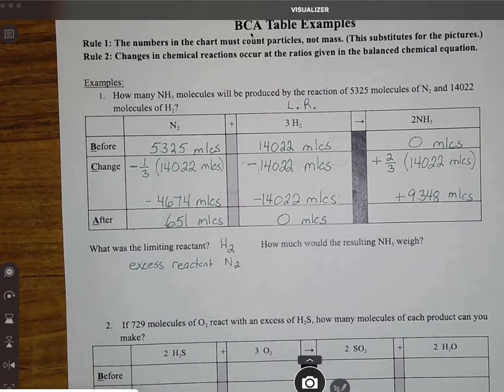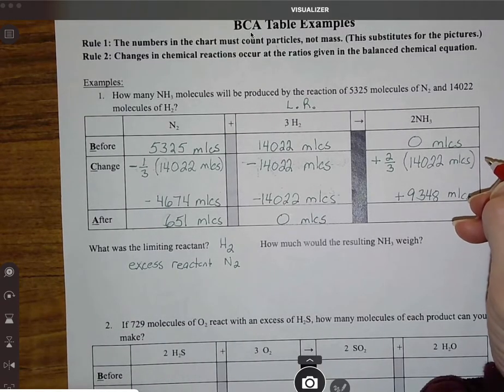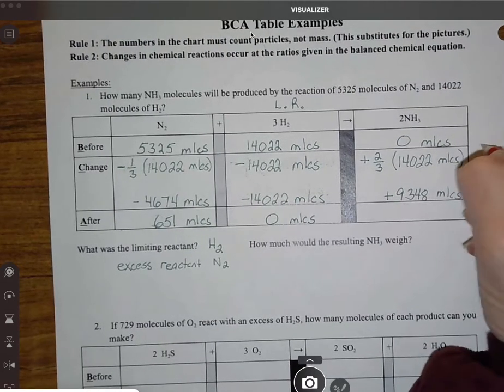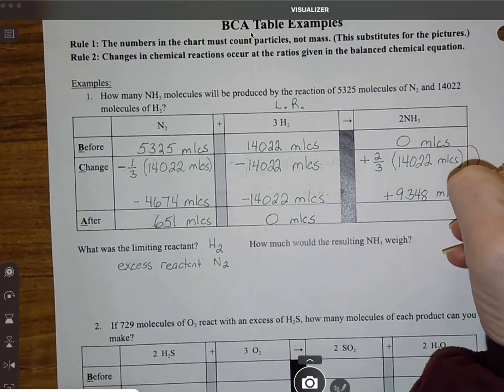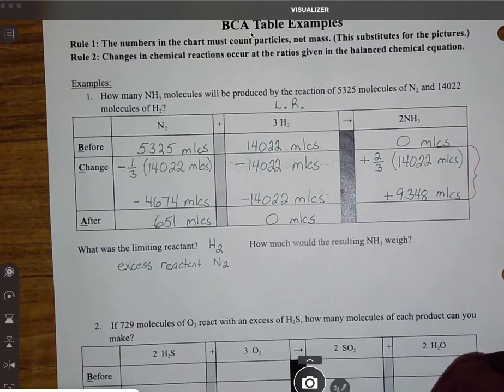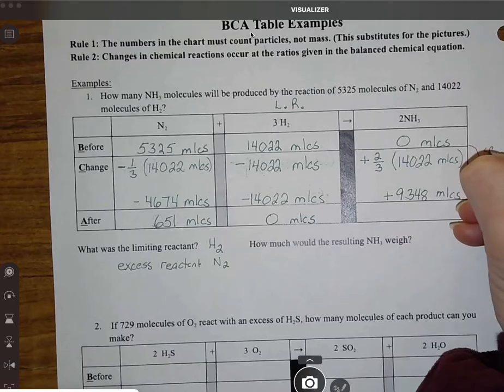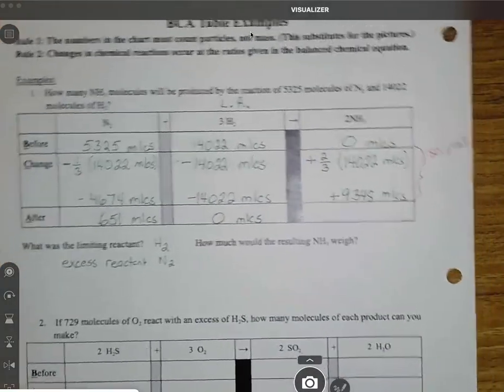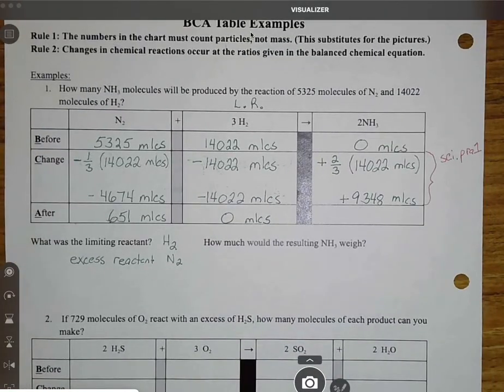Your change rows are going to have to start to be twice as big as everything else. So when you start to practice, I want you to draw your change rows as being double tall. We are going to add a science practice target at this point, which is science practice 1, which is an ability to communicate your thought process.